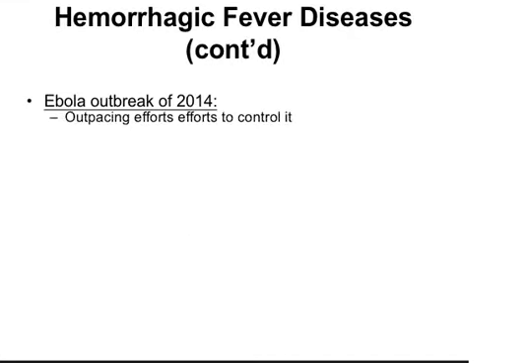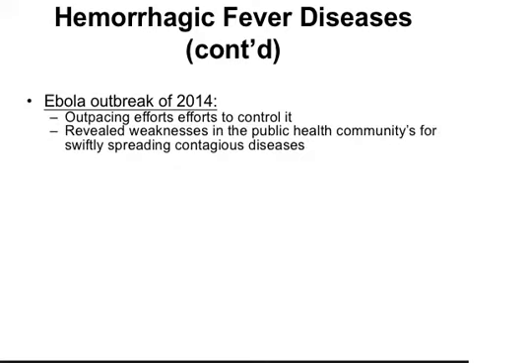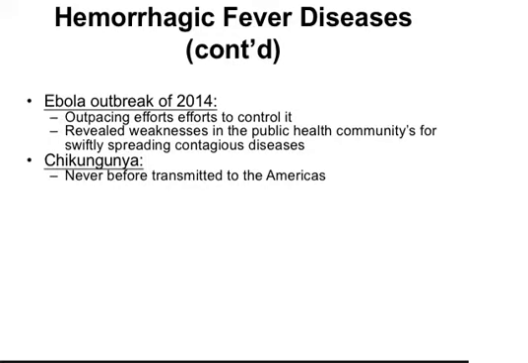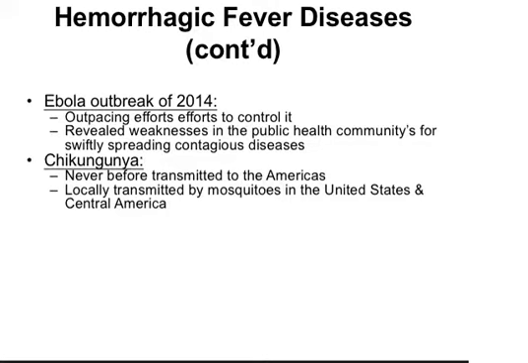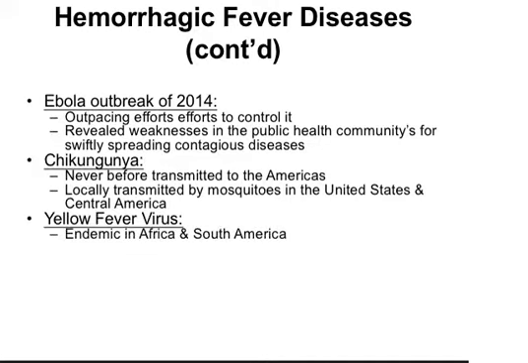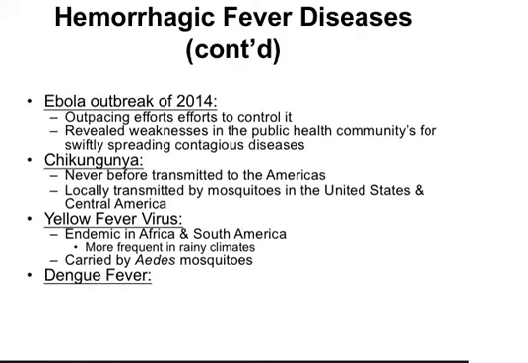Examples: Ebola in 2014 was outpacing efforts to control it, revealing weaknesses in public health administration for a swiftly spreading contagion. Chikungunya was never before transmitted to the Americas. It was locally transmitted by mosquitoes in the U.S. and Central America. Yellow fever is endemic to Africa and South America, more frequent in rainy climates, carried by the Aedes aegypti mosquito.